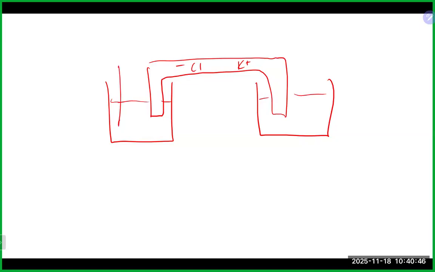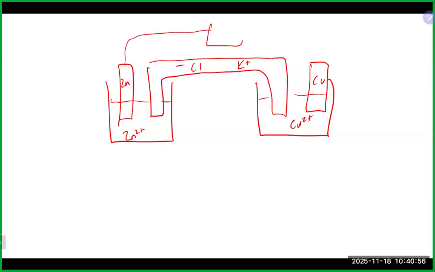We had our zinc with our zinc 2+ and our copper with our copper 2+, connected, obviously, through a wire. As this cell runs, the salt bridge plays a really important role here. As we see, we have our positive ion going that way and our negative ion going that way.